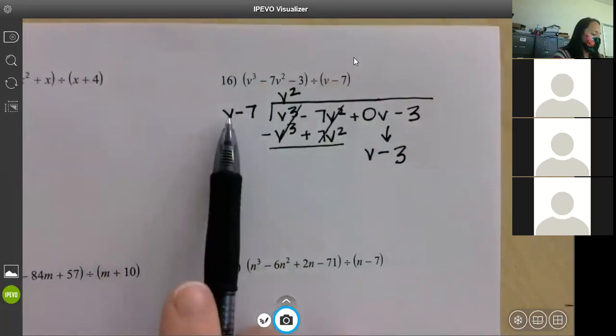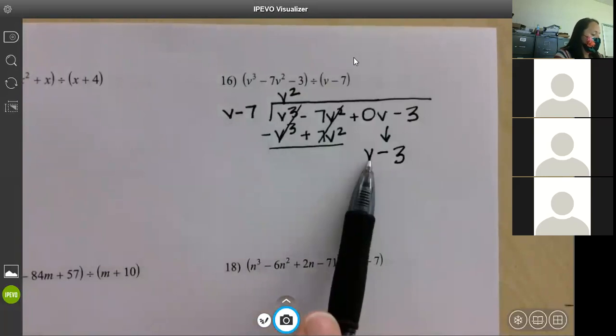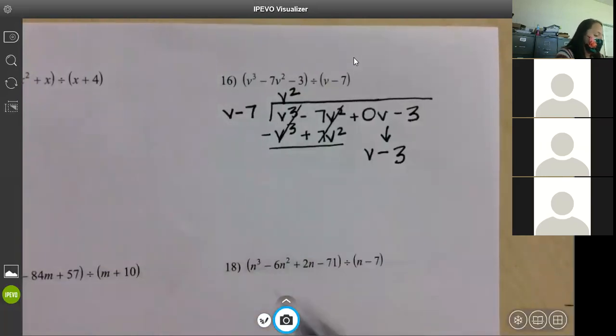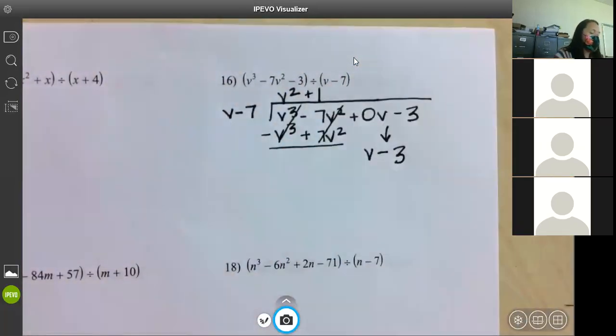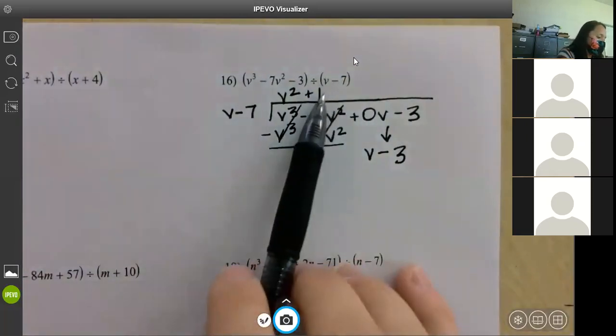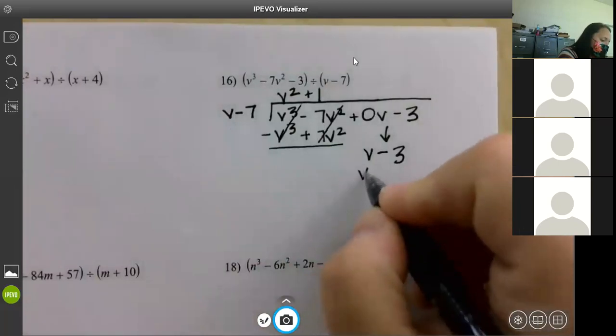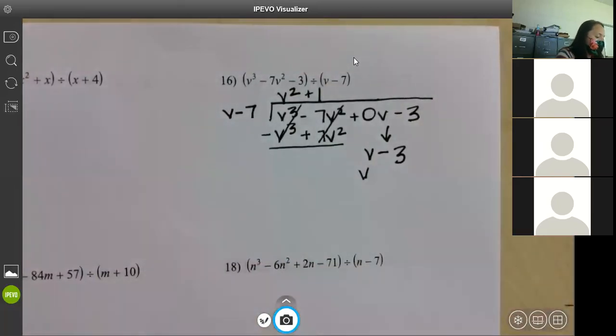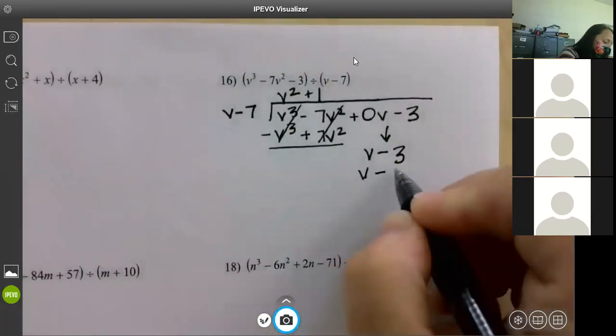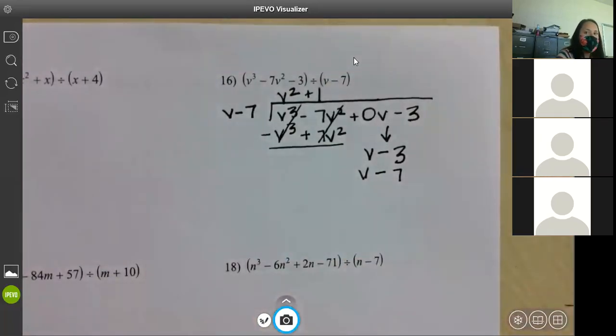How many times will V go into V? Once. Distribute it. 1 times V is V. 1 times negative 7 is -7.